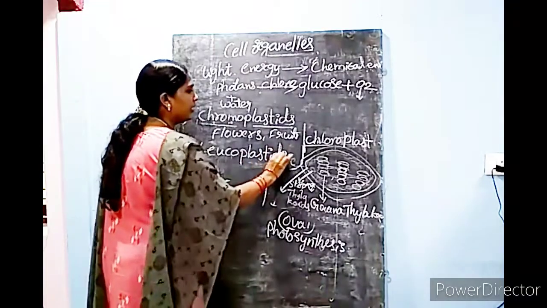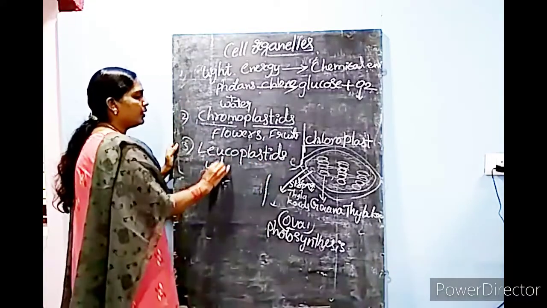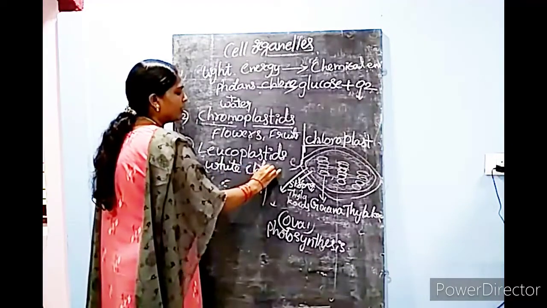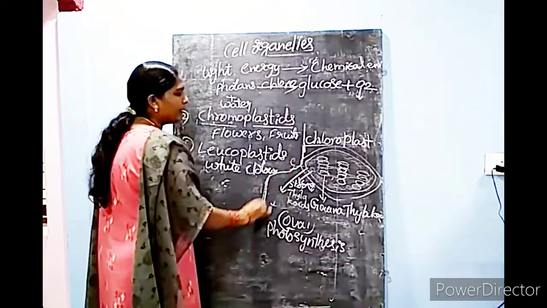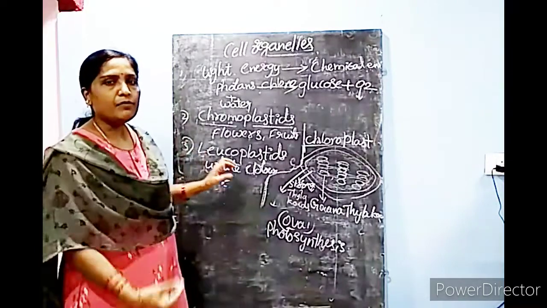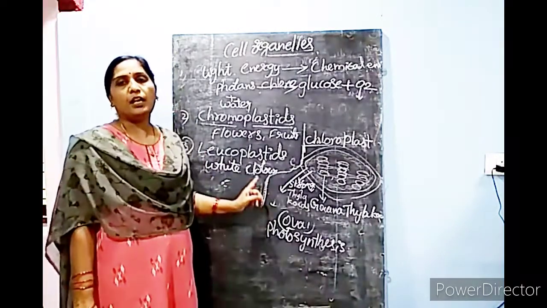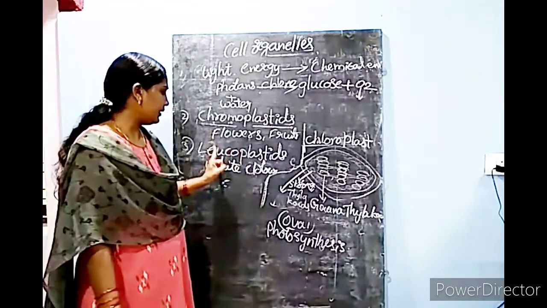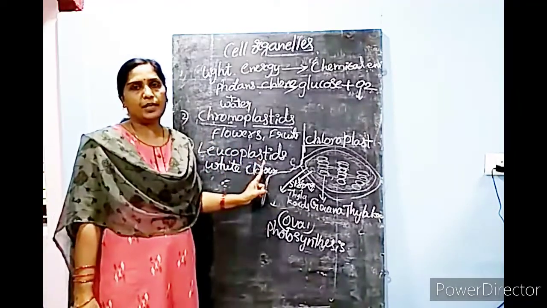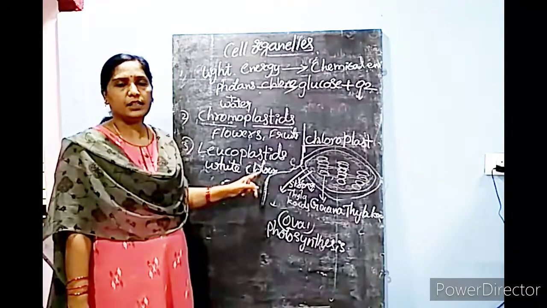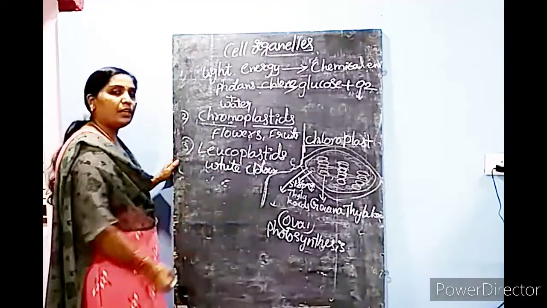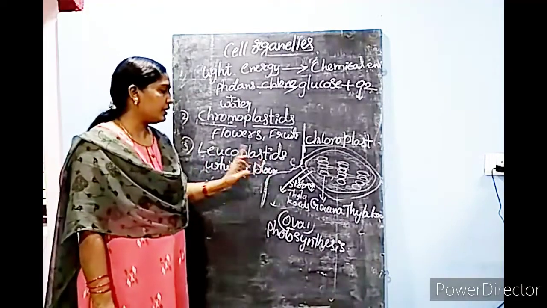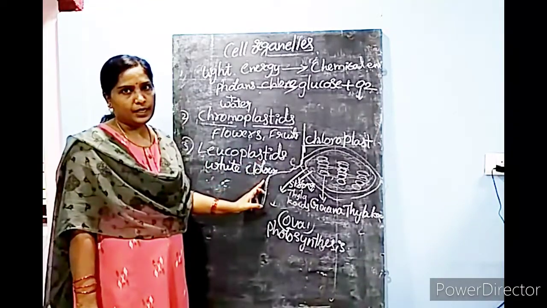Leukoplastids give white color to the plant parts. Some flowers like jasmine are available in white color. They get white color because of the presence of leukoplasts. They give no color, white color, to the plant parts.